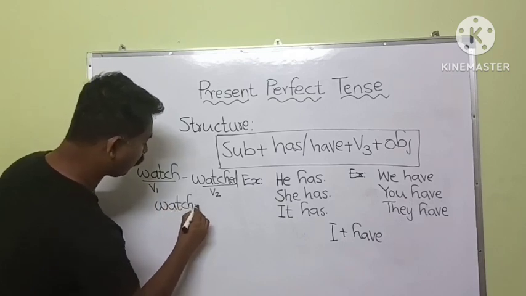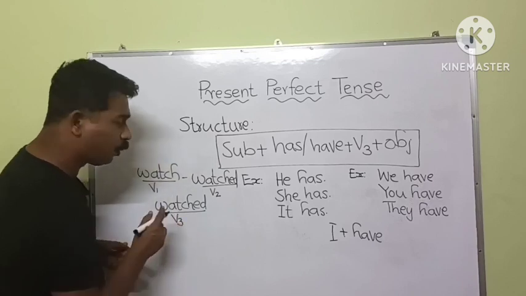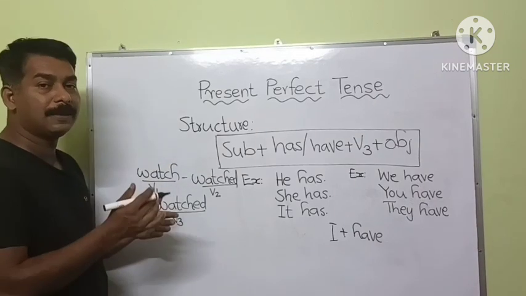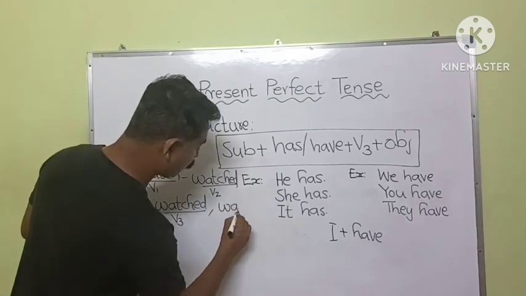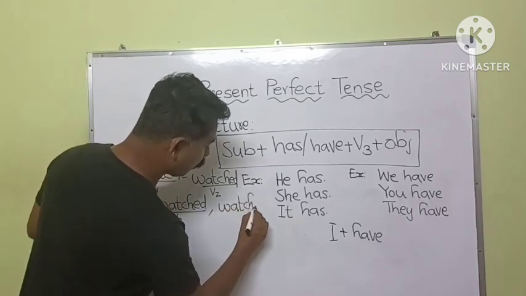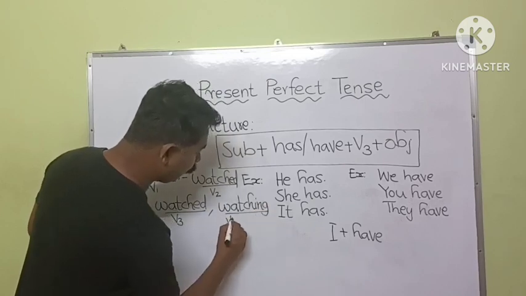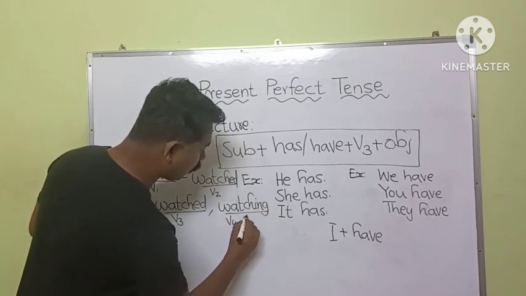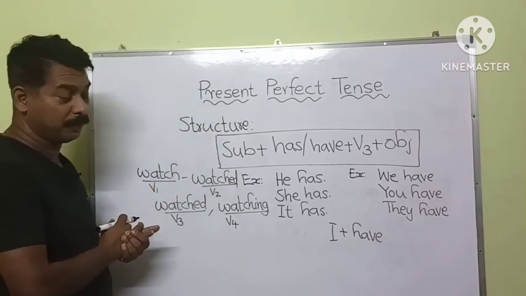Watched, V3 or past participle form of the verb. Watching, V4 or present participle form of the verb.